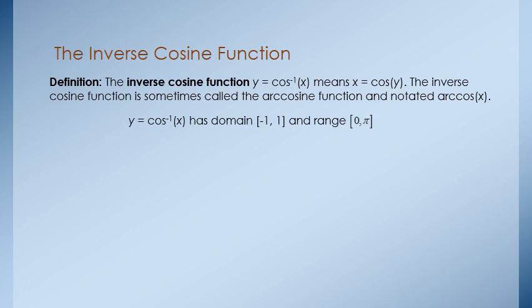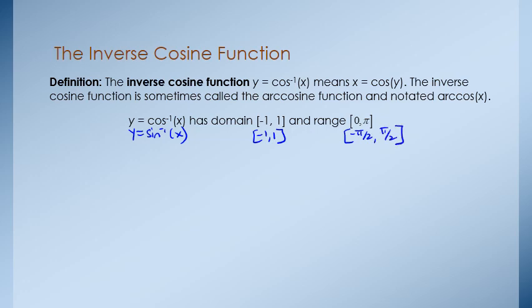Now, let me just pause for a minute and make sure that you see the difference between the cosine and the sine. For the sine function, recall that it almost looked the same, still had the same domain, but remember, in order for this to be 1-to-1, for the sine function, instead of going from 0 to pi, we went from -pi/2 to pi/2.